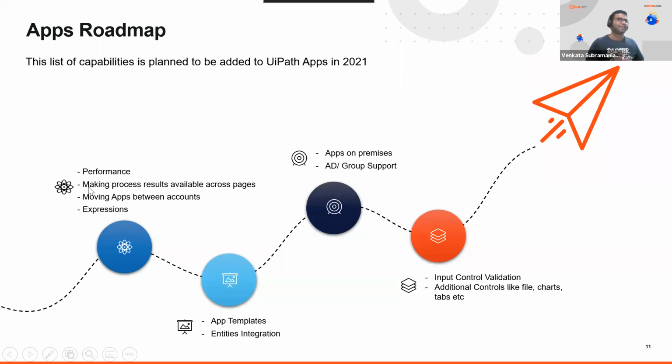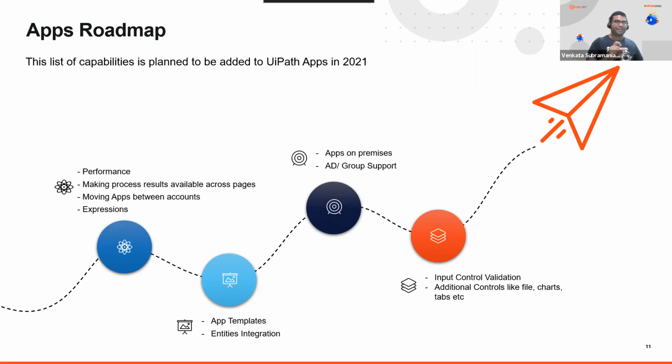The second key thing is the ability to make process results available across pages. Today, when I showed a demo, I created a simple one page. I have a button. I clicked on the button. It ran a process, took some input, and showed the output in the same page. But if I were to access the output of that process in a different page, I have to rerun the process, or I have to use app variables within App Studio and then pass the value to the other page.